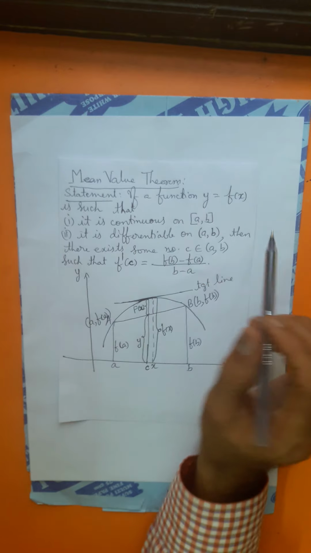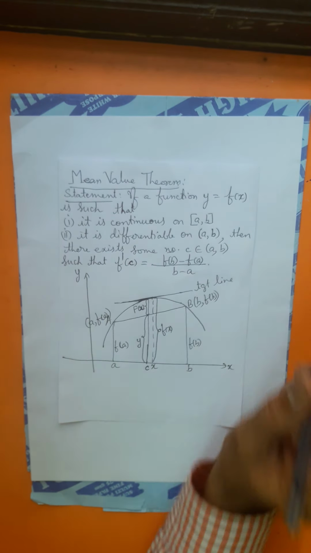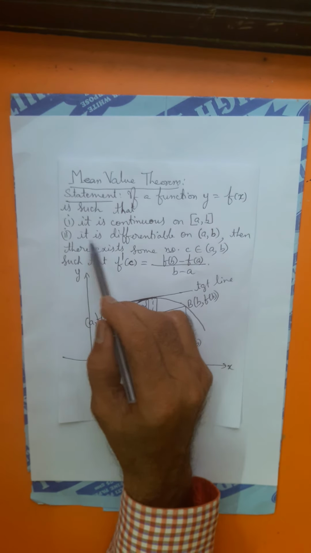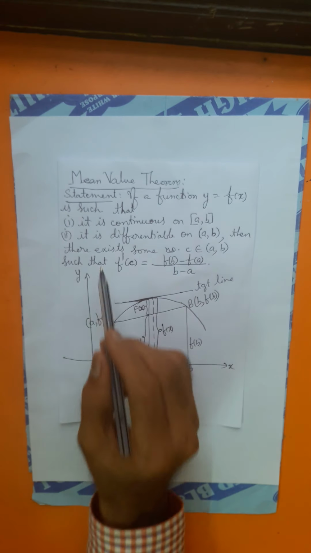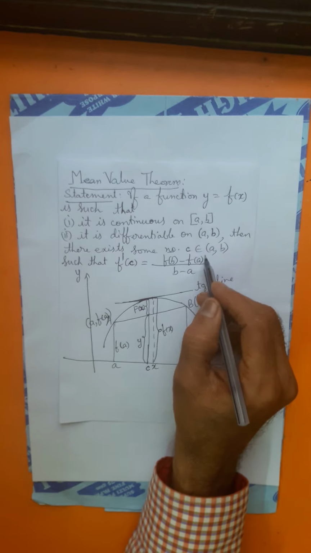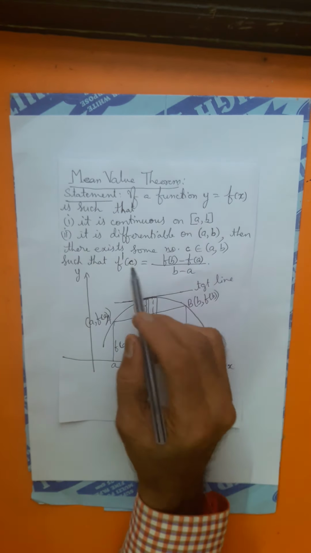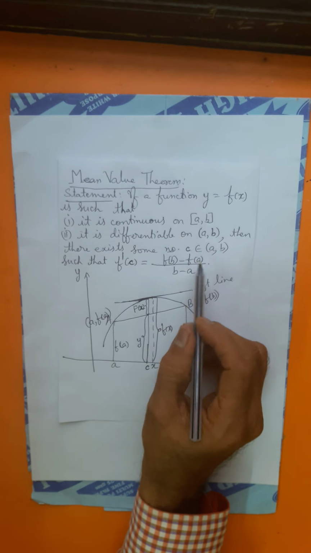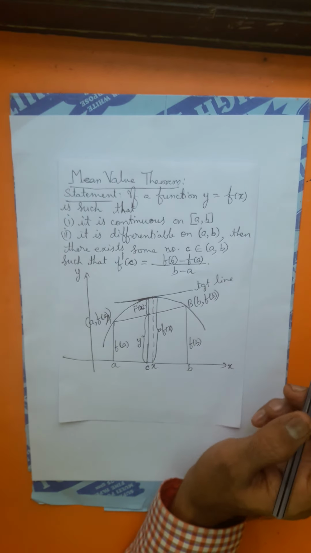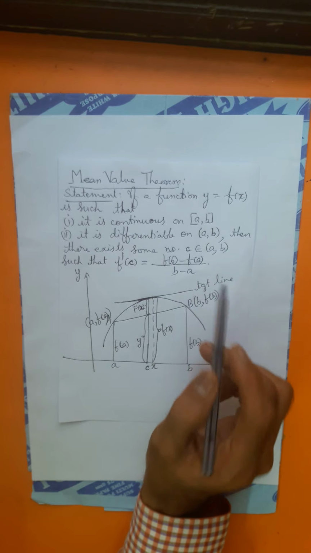Mean value theorem statement: if a function y equal to f of x is continuous on the closed interval [a, b], differentiable on the open interval (a, b), then there exists some number c belonging to the open interval (a, b), for which f dash c equals f of b minus f of a divided by b minus a.